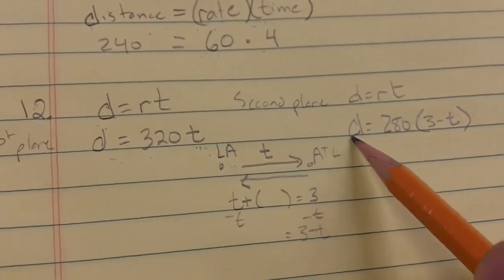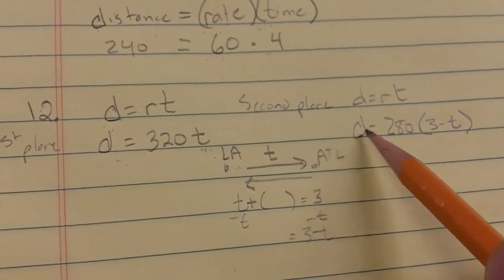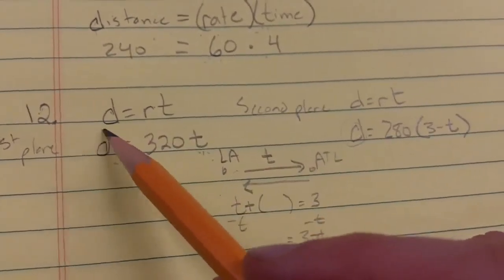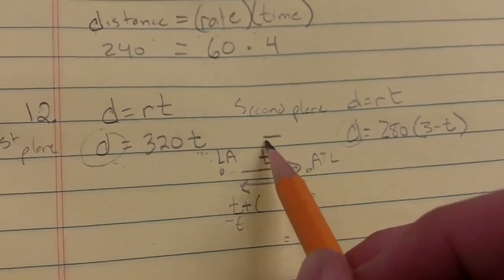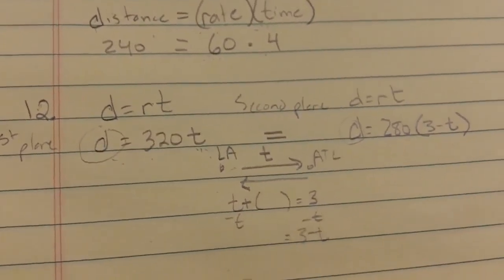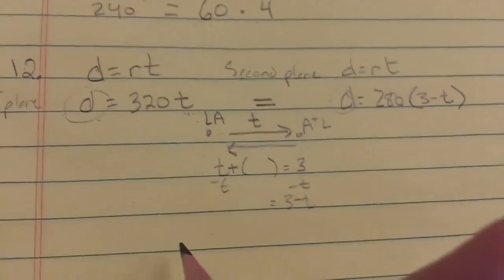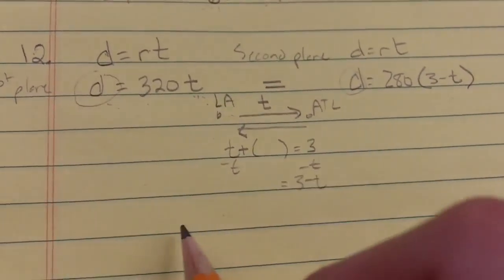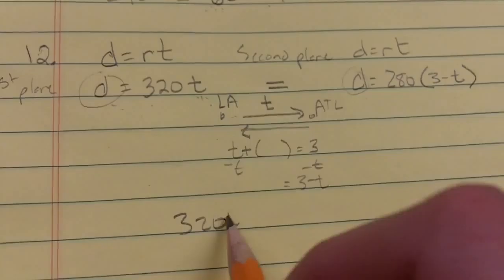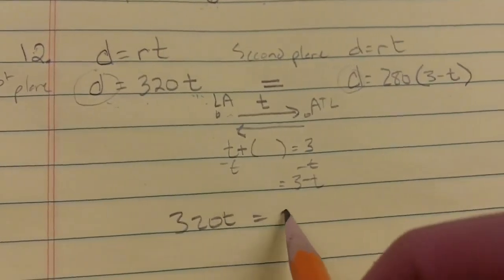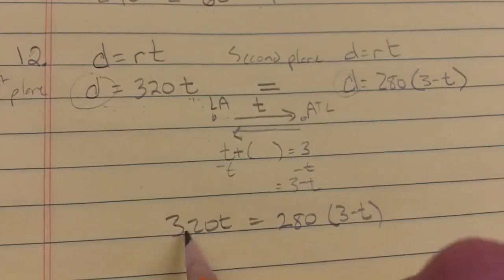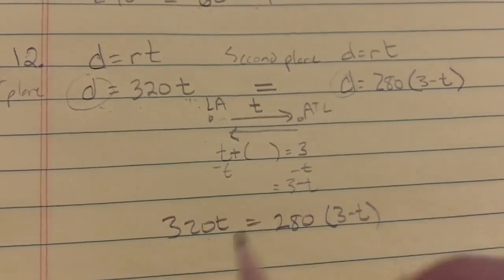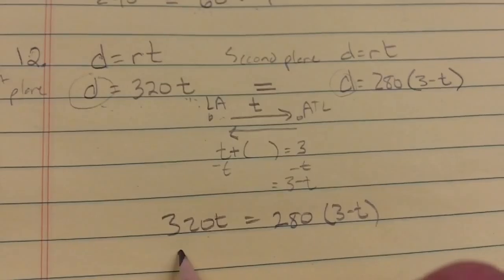So if these distances are the same, all those are equal, and I can set up a new equation. This distance, 320t, is equal to the distance I went over here, which is 280 times (3 minus t). This distance equals this distance. I can solve this equation now.